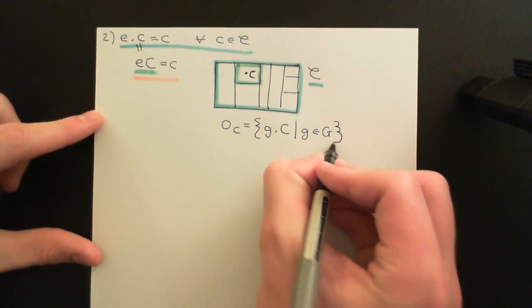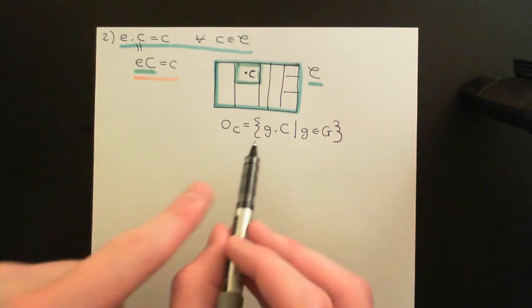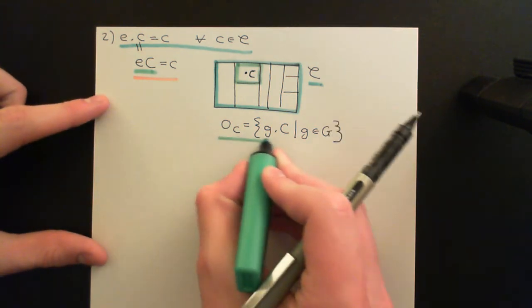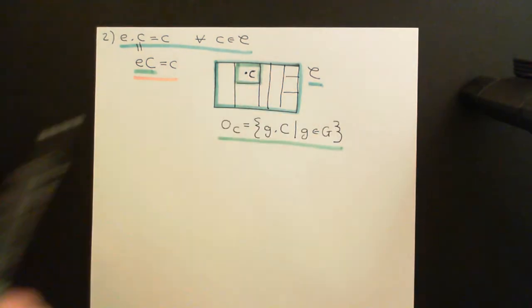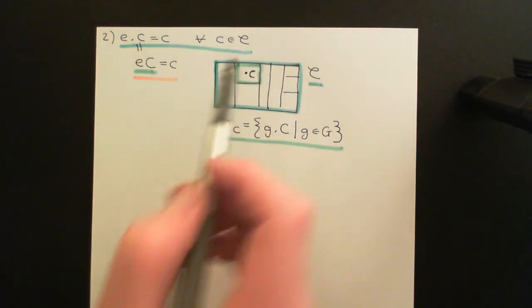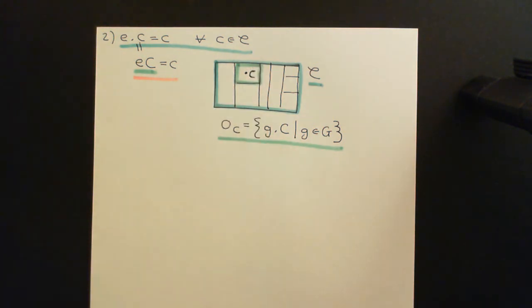You go through absolutely all of the elements of the group, you act them on the subset capital C, and you get other subsets within curly C, you stick them all into this subset here, and that's what we mean by the orbit of capital C. And we know, of course, that if we take any other element within the orbit of capital C and generate its orbit, you'll get the same answer. That's true for an arbitrary orbit of a set using group actions.